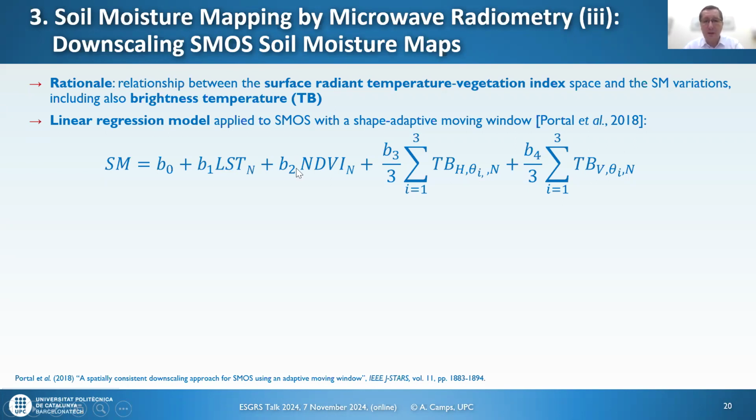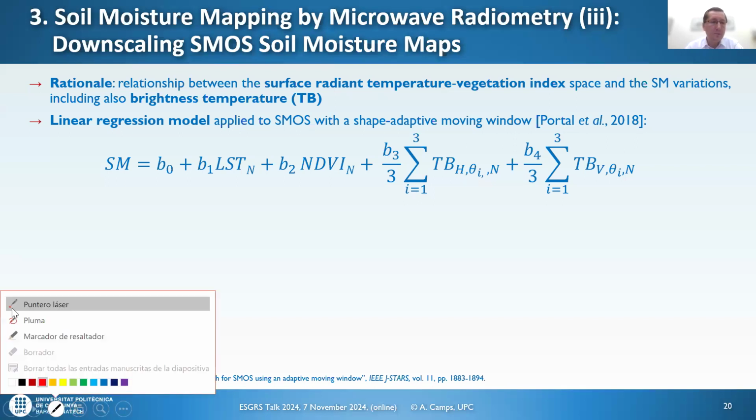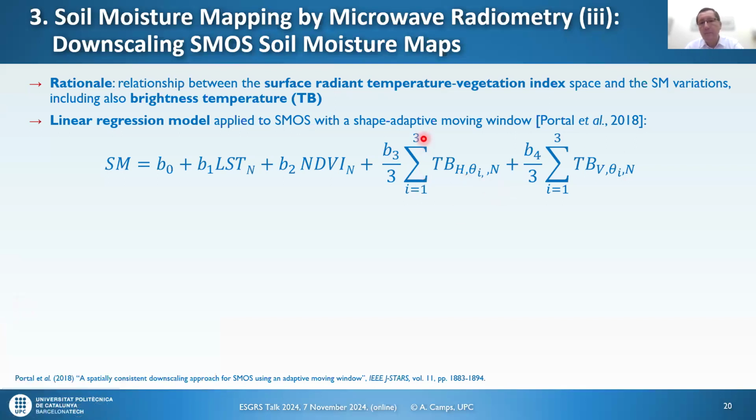Because we can get LST or NDVI with a much higher resolution than we can with the brightness temperatures at horizontal and at vertical polarization. And actually, one of the things that we found is that SMOS measuring with the full range of incidence angles, but with three angles, at horizontal polarization and vertical polarization, is enough.